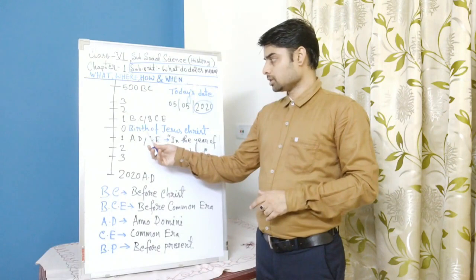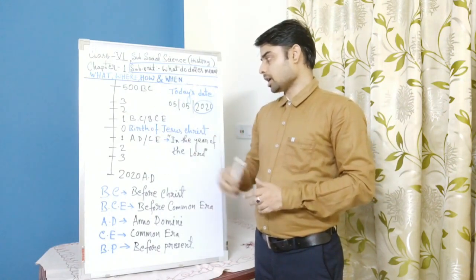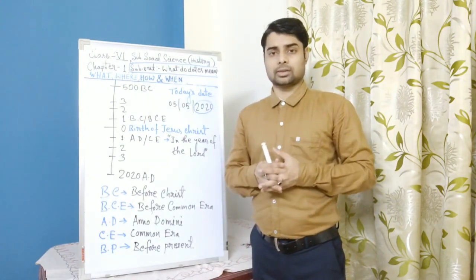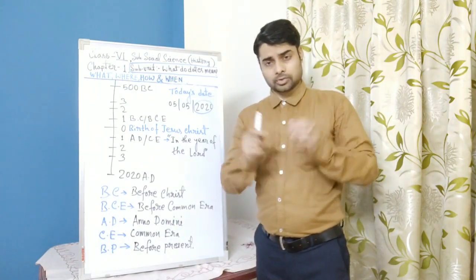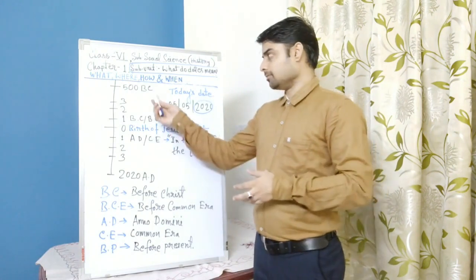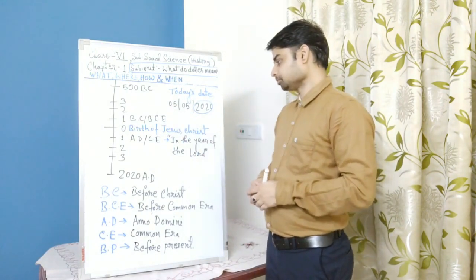So 2020 years and 500 more years. So if someone asked us on which date the kingdoms were established on the bank of river Ganga, it is 500 before Christ or 500 BC.